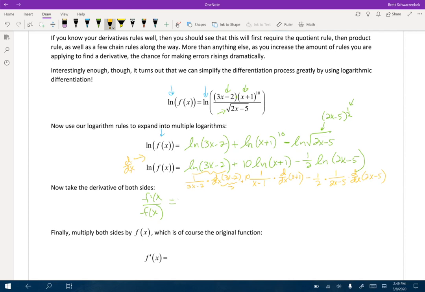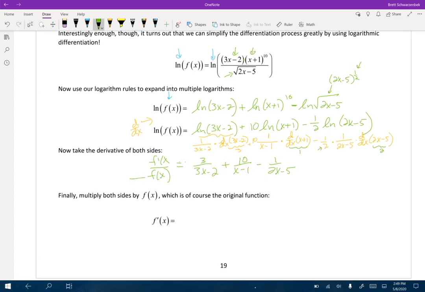So if we put all of this together in our problem, this is going to be 3 over 3x minus 2 for our first element. It's going to be 10 over x plus 1 for our second, because this is 1. And since this is 2, this 2 and this 2 cancel, and we get just 1 over 2x minus 5. So the only thing left to do is, remember, f of x is this.